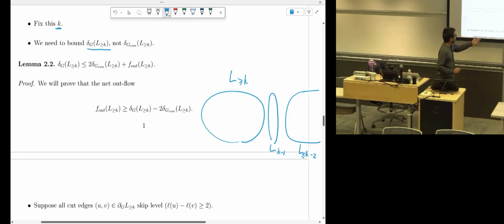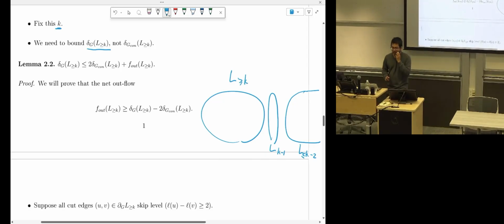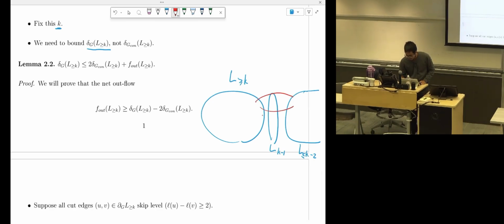Suppose that all cut edges skip levels first. Suppose that actually G-con is empty. So suppose that all the cut edges really skip levels like this.